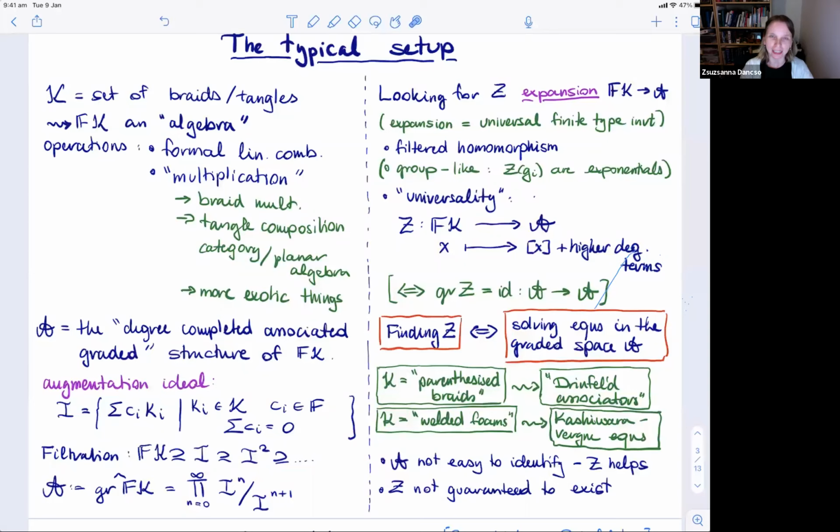And solving equations in graded spaces has many interesting examples in algebra, of sets of equations that people are independently interested in. So some examples are when K is what's called parenthesized braids, and I'll tell you about this in a second. This is a whole story from the late 90s.